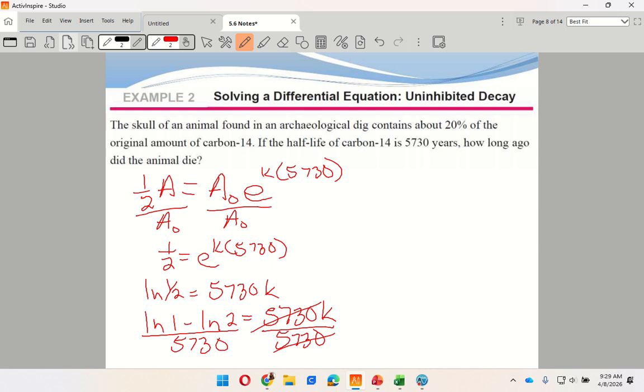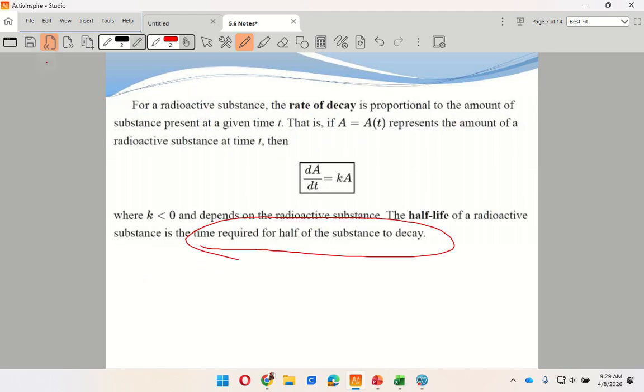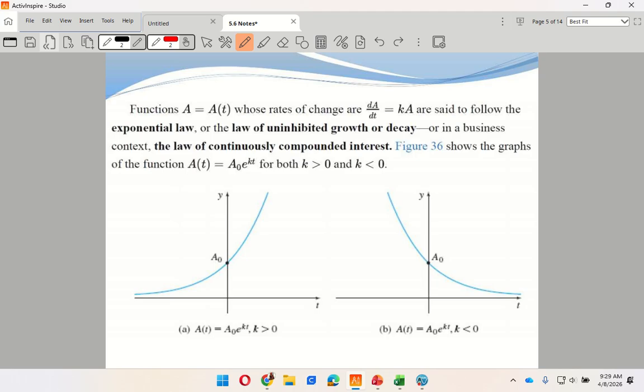We already know it's a half-life, which means that I have that much left. So in the graph it would be like this. I have a half-life, which would be right about here in this model, which would be half of what I have left.